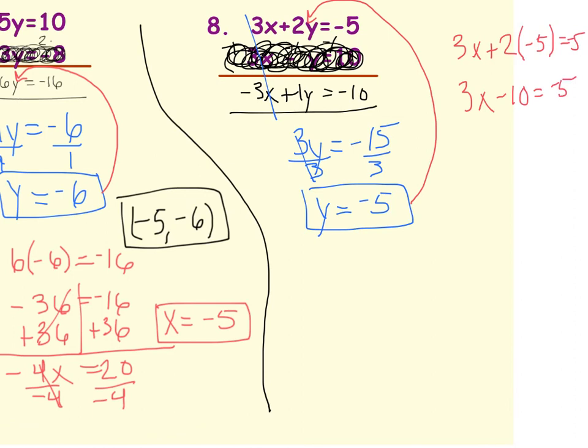And then I'm going to add 10. So I'm left with 3x equals 5.